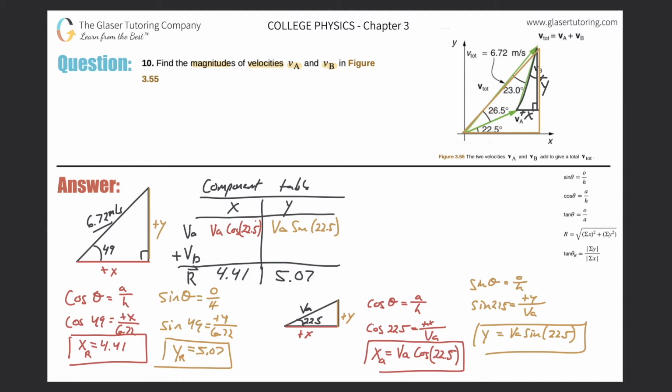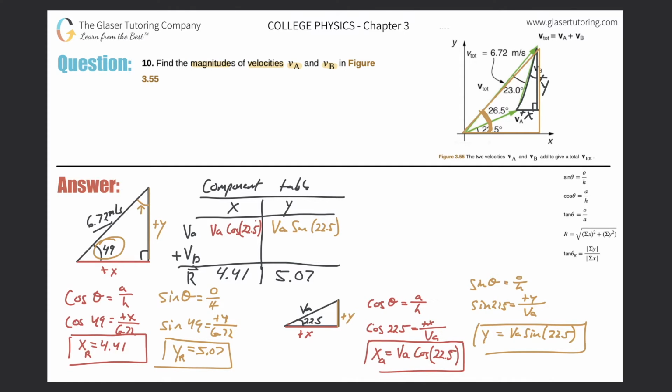Now, if you think about it, what was the angle in here of that big overall triangle? Remember, we said we would have had to have added the 26.5, and then that was 22.5. So that overall angle, bottom left-hand side of the screen, we found to be 49. So if I were to ask you, considering this triangle over here on the left-hand side, what would this angle be?